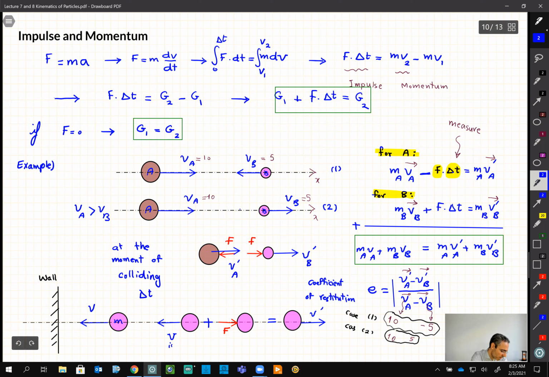So here, initial velocity or initial momentum to be, initial momentum, then an impulse for delta t seconds, then we get to the second momentum.